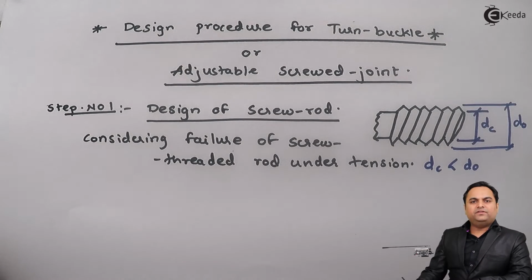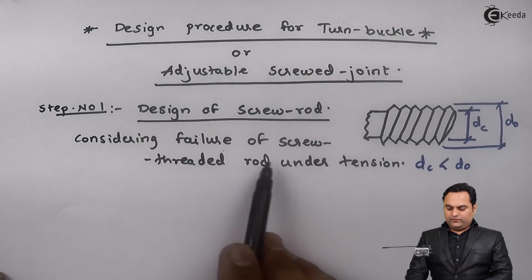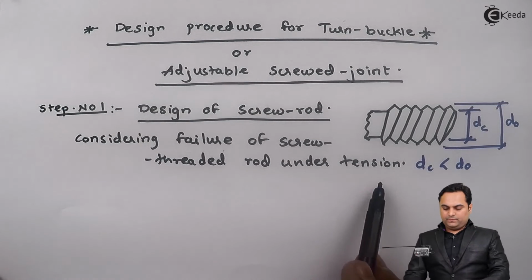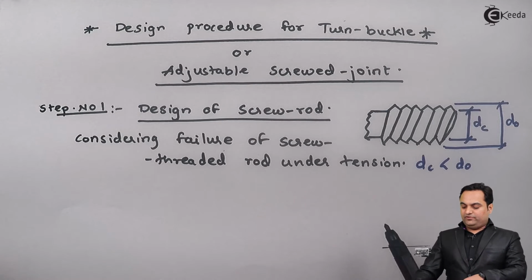Now if I consider the tensile failure, then we should know the resisting area. So considering failure of screw threaded rod under tension, for that I will draw the diagram of the failing area.